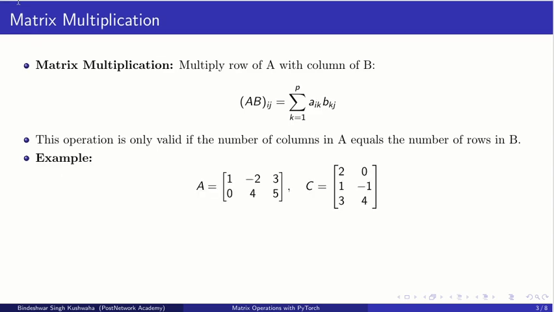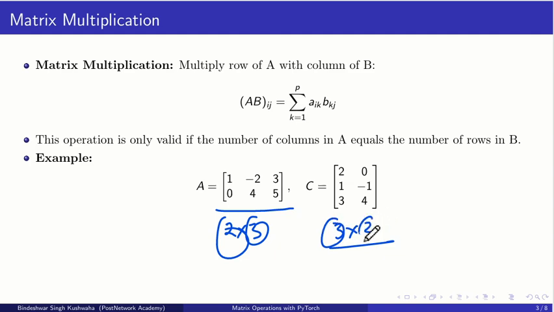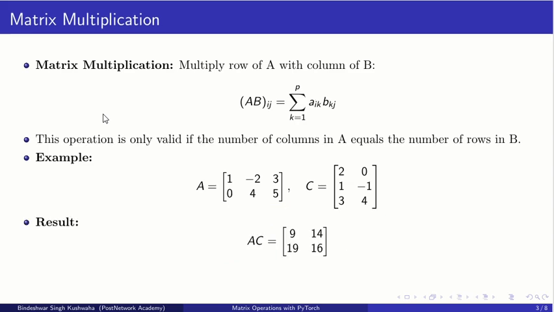Now let us see an example. Here this is a matrix of 2 cross 3 and here 3 cross 2. There are 2 rows here and 3 columns, and here 3 rows and 2 columns. So multiplication is defined, and let us see what the value would be here.